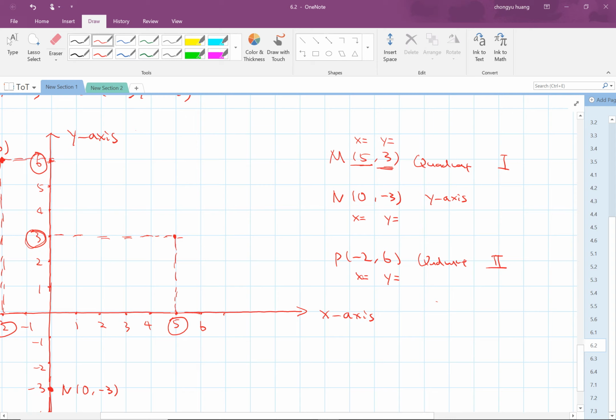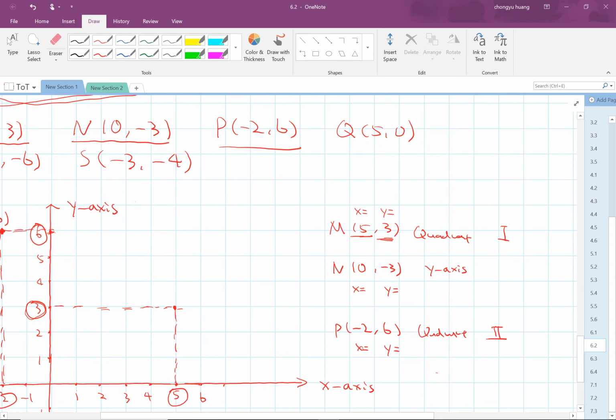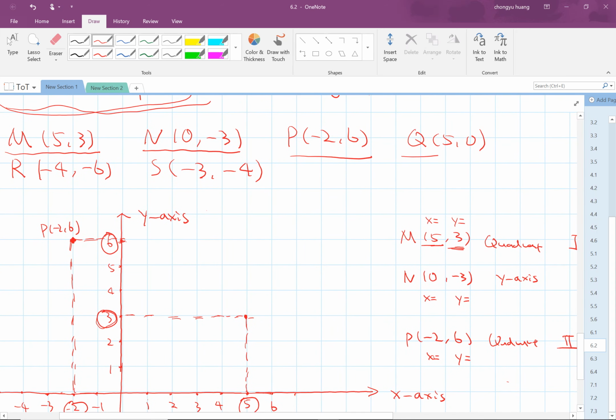So those quadrant positions, you don't really need to memorize, because, as I said before, it can be easily tested. You can basically see it. Okay, so let's move to the next point.